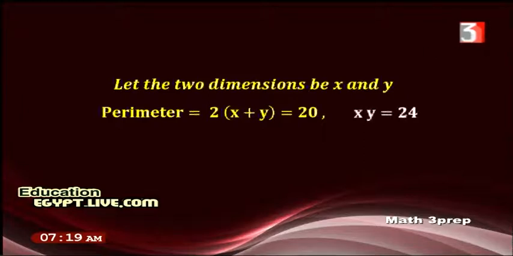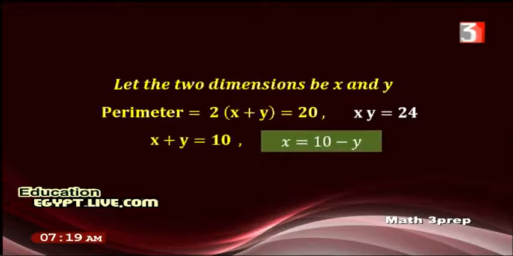We can say that also its area is x multiplied by y, length multiplied by width, which gives 24. Here, by dividing both sides of the perimeter by 2, x plus y equals 10. And x will be 10 minus y.